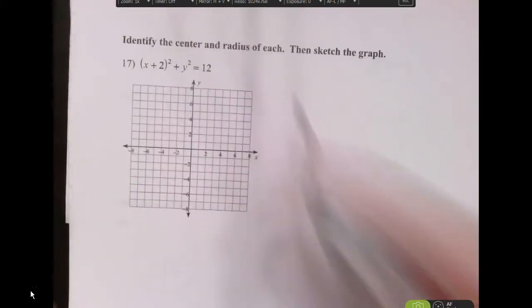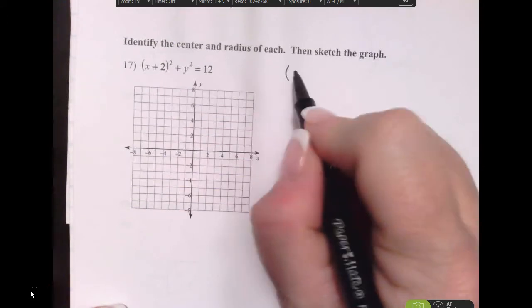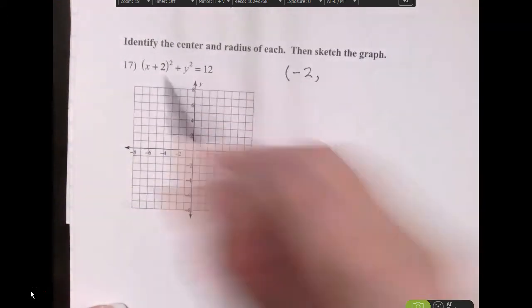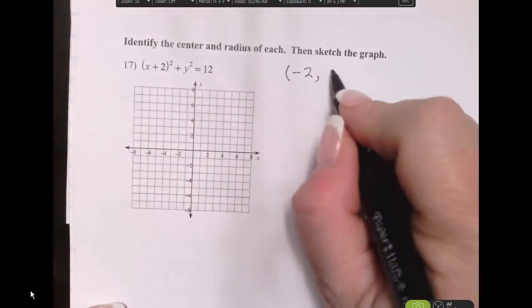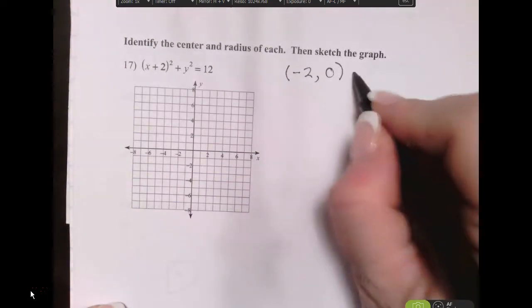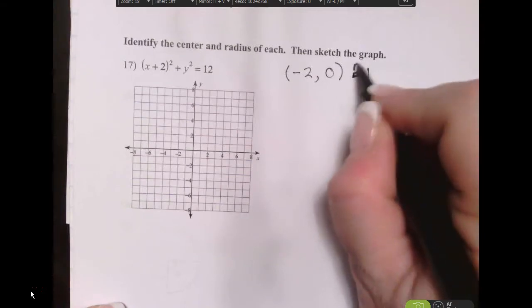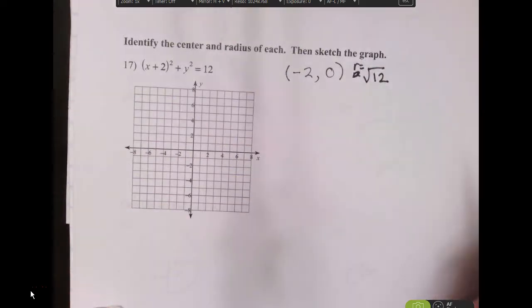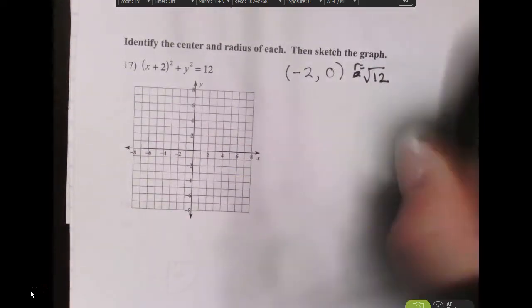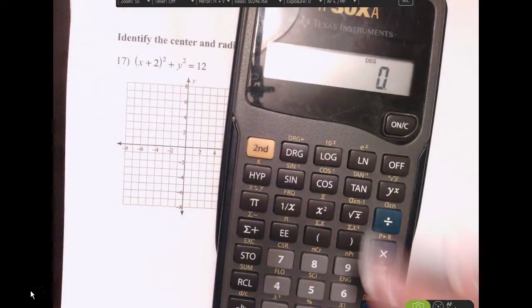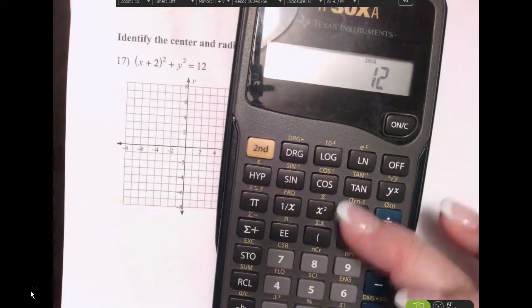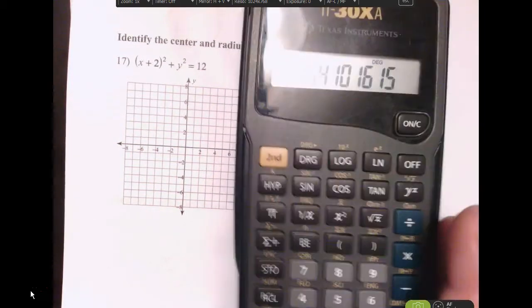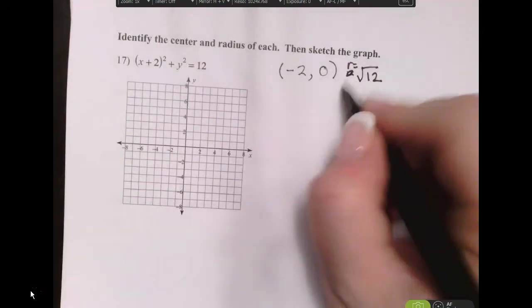17 is more of the same. So h is -2, and there is no k value, so that'd be 0. And the radius is the square root of 12. In order to know how big to draw my circle, I just want to get a rough idea of what the square root of 12 is. 3.5-ish.